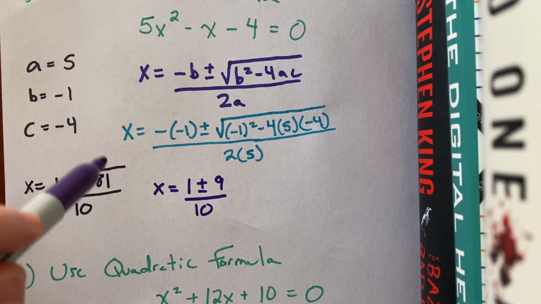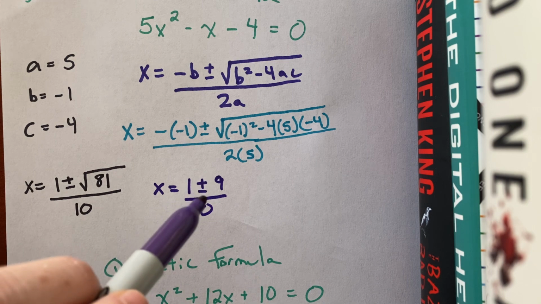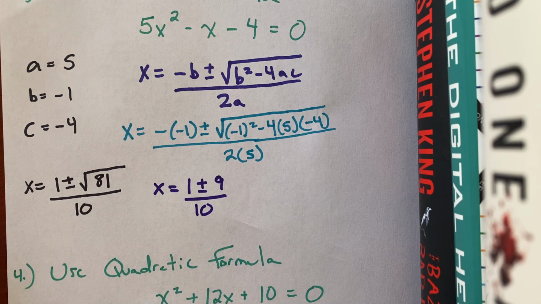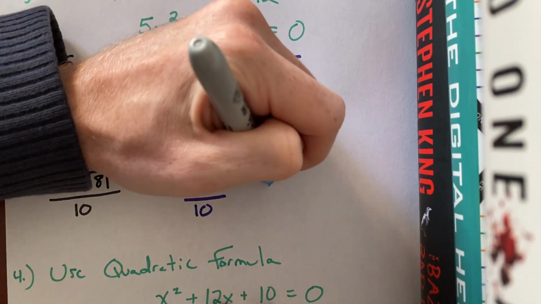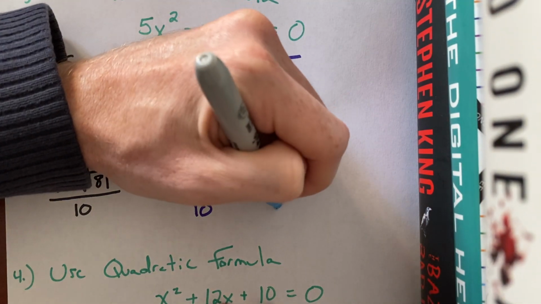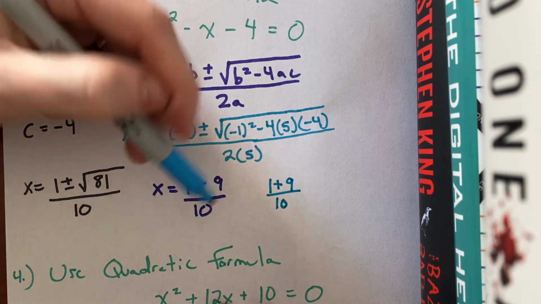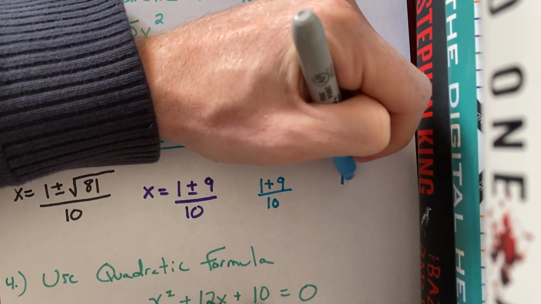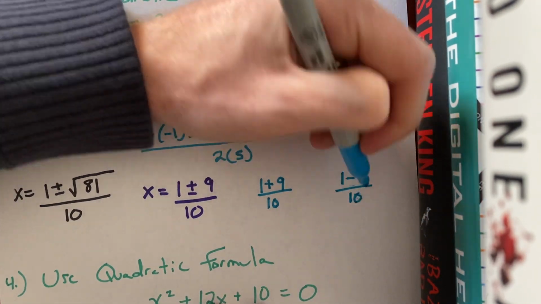Everything is now done mathematically. I now can just break this into my two problems. When I break this into my two problems, I get 1 plus 9 over 10, and I get 1 minus 9 over 10.